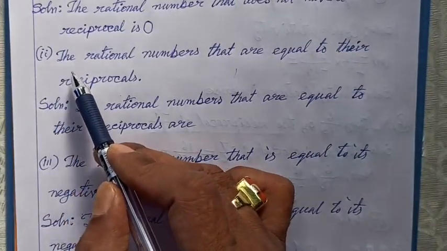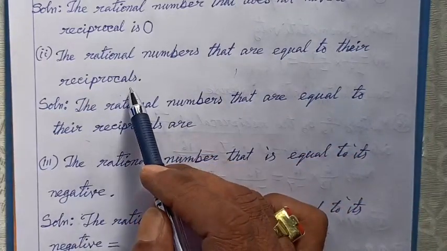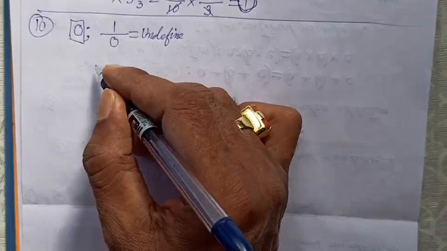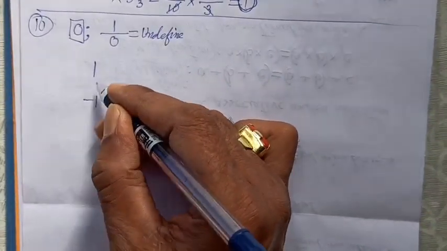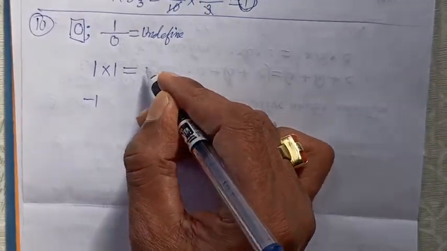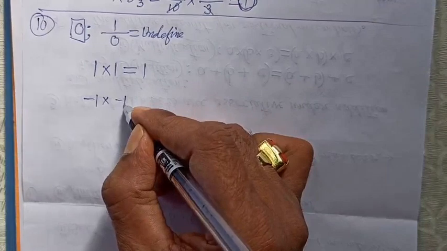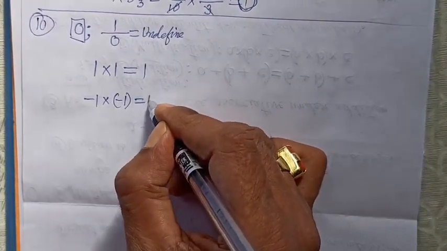(ii) The rational numbers that are equal to their reciprocals. Let us consider the numbers 1 and minus 1. 1, if we multiply by 1, we get 1. And minus 1, if we multiply by the same number minus 1, again we get 1.